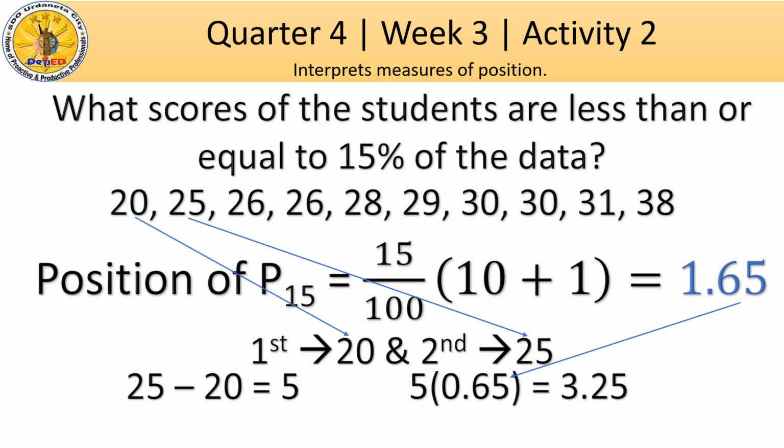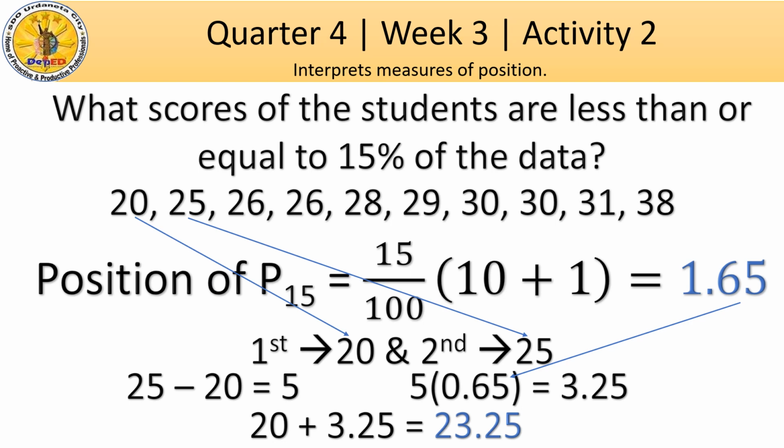And now, the last value which we got, which is 3.25, will be added to the smaller number, okay, from the first and the second. So we will have 20 plus 3.25, which is 23.25. And that would be the exact value of our 15th percentile.